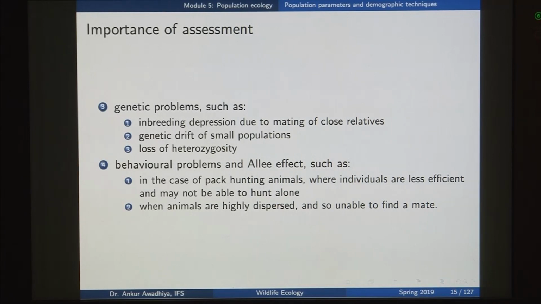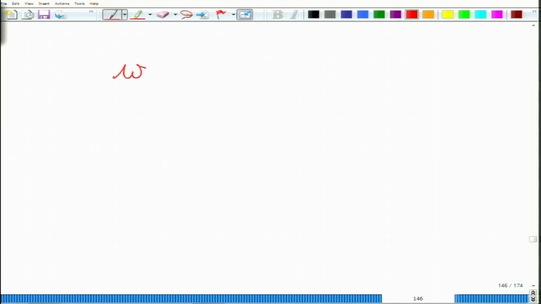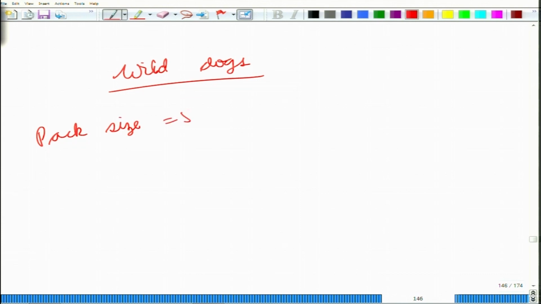In the case of wild dogs, when the group goes out for hunting, some animals remain back with the young ones to protect them. For instance, suppose you have a pack size of 50.